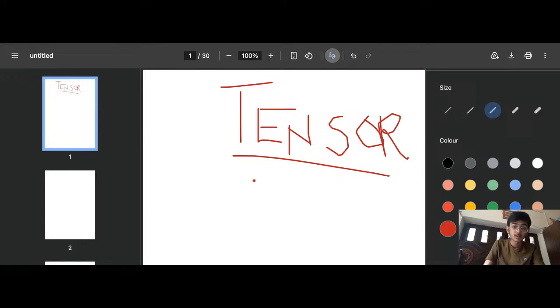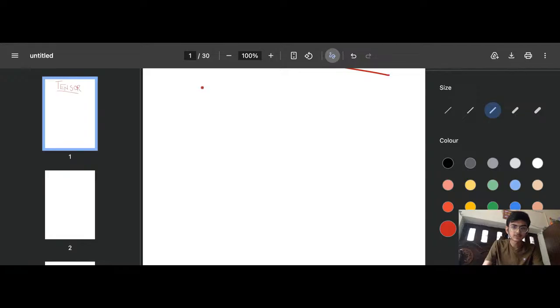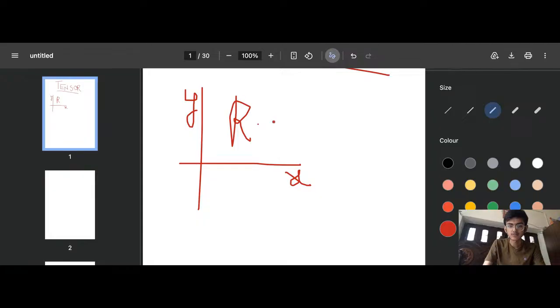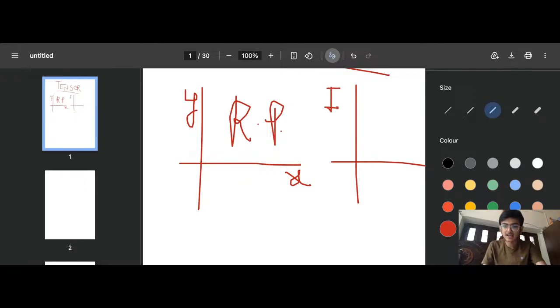Suppose we have one coordinate system. This is your xy coordinate system, or you can say we are discussing the real plane. This is your y-axis. This is your x-axis. So this is the real plane, which I'm writing as R dot P. Then we have the complex plane, or Argand plane.